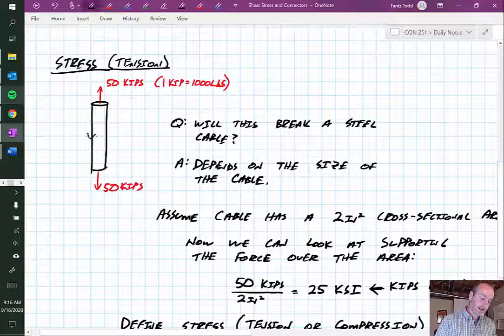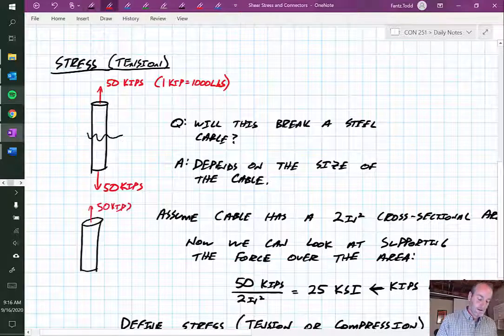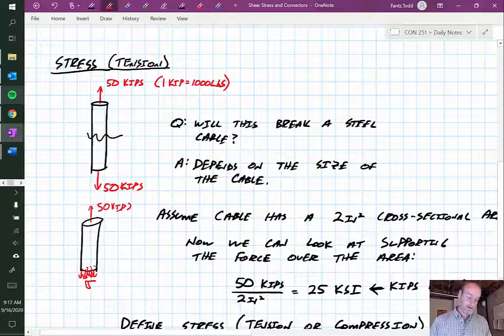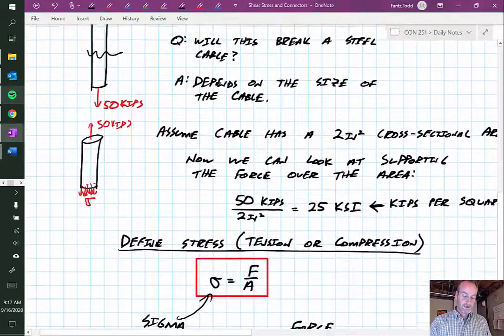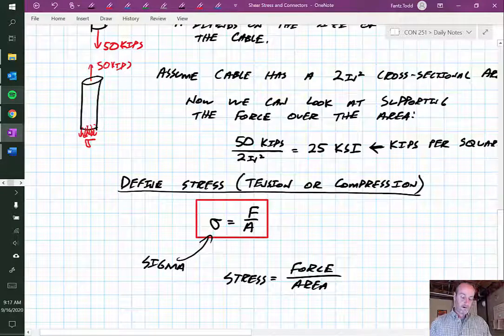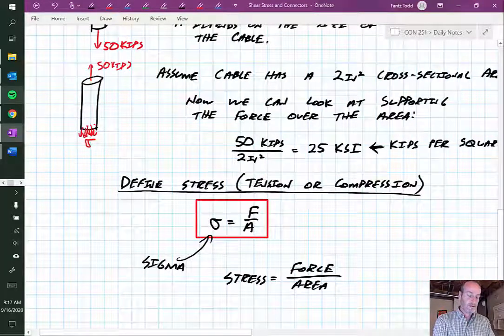I didn't really draw this last time, but we could think of the force being distributed evenly around this cross-sectional area, right? And that's that stress, which we called a sigma. And so we said our basic definition was that stress is just equal to force over area. So all that should be reviewed. We covered it last time.